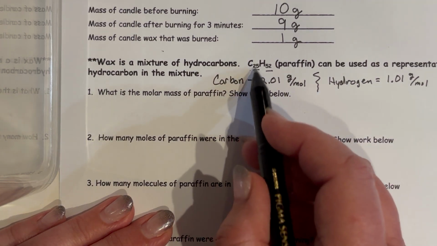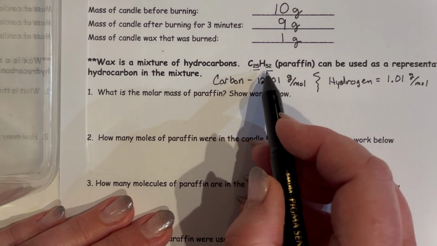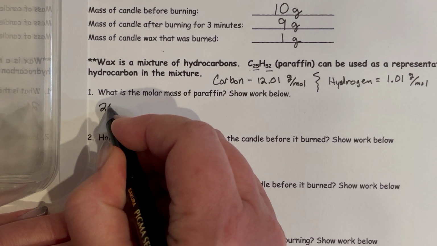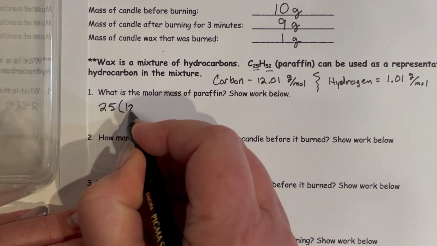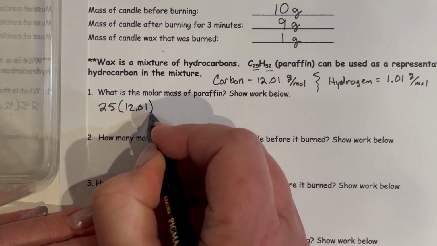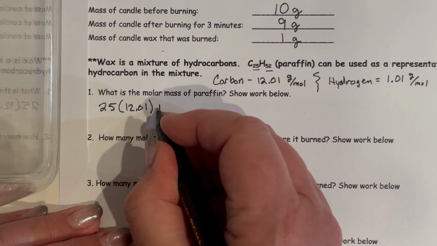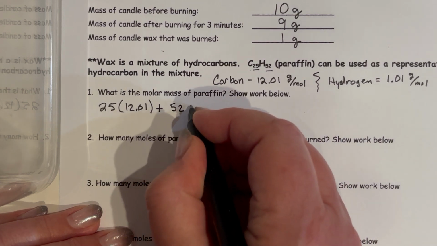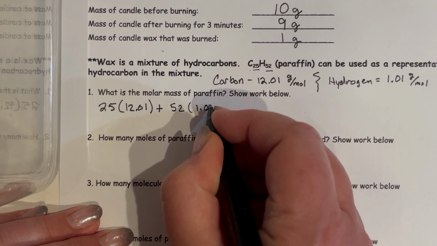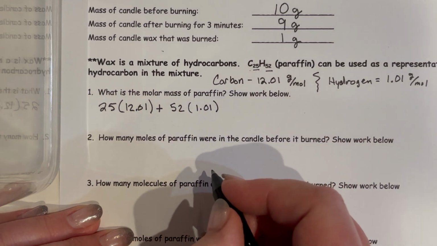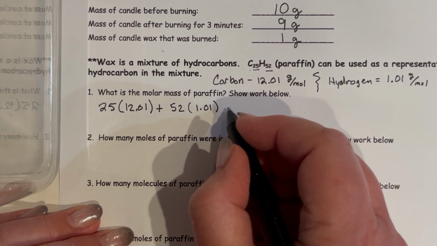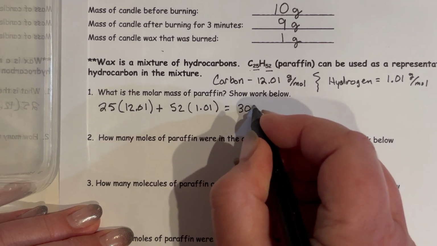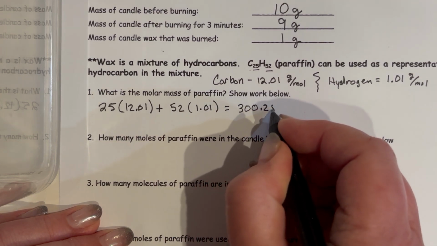Now what if we have 25 carbons and 52 hydrogens? We just multiply 25 times 12.01, and we get 300.25.